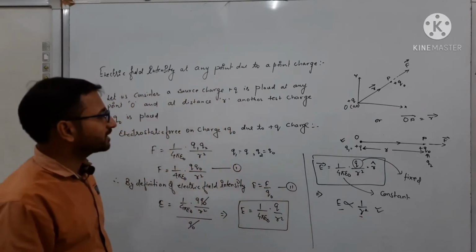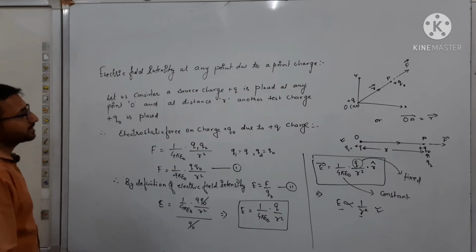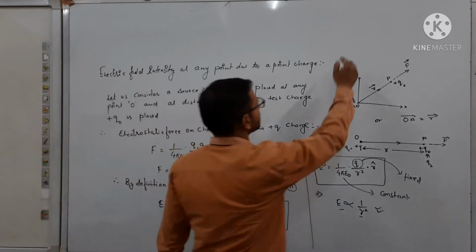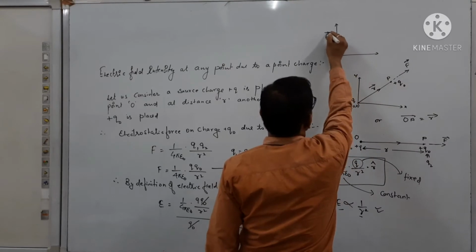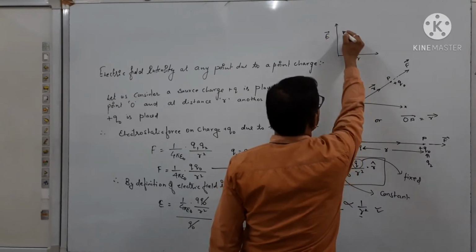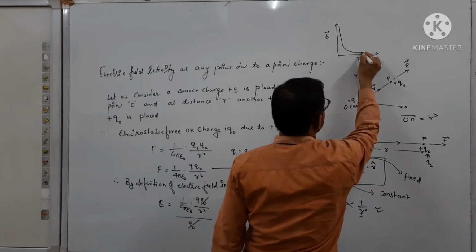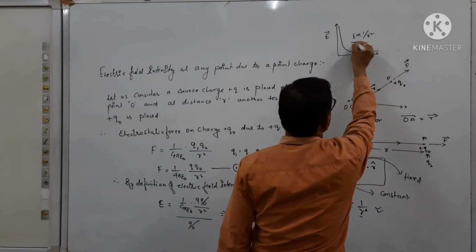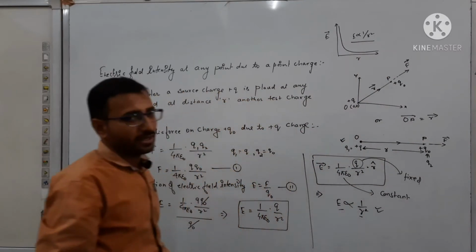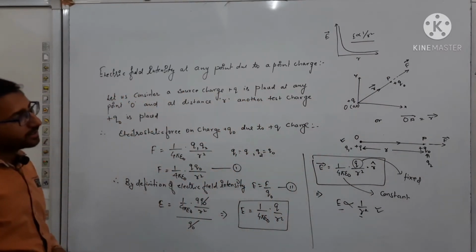If you want to represent the curve of electric field intensity in terms of distance, you will get this type of curve, in which we represent the inverse relation between E and r. Got it, student?